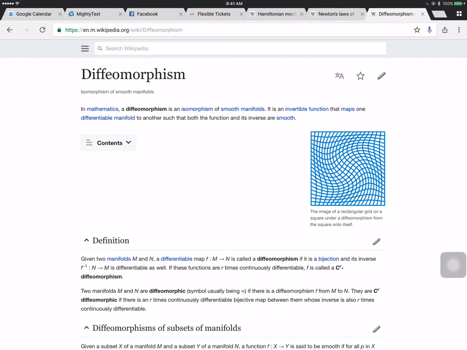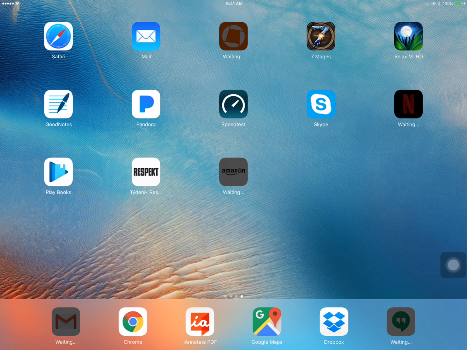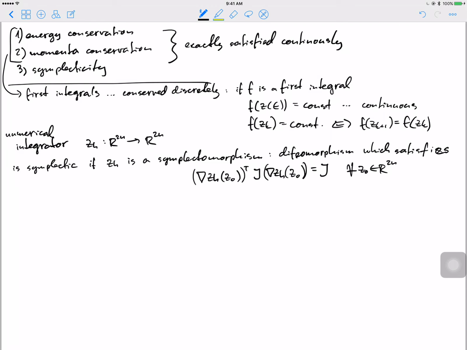It's just a math way of saying that this mapping is nice enough. The main thing is it's a bijection, so it's invertible, and it's also differentiably invertible. Maybe more practical is the intuitive explanation: if you look at this mapping as a deformation, which it really is, it's a mapping from 2n to 2n.